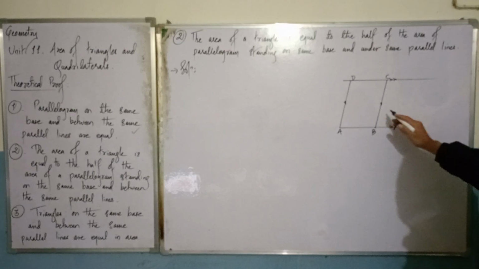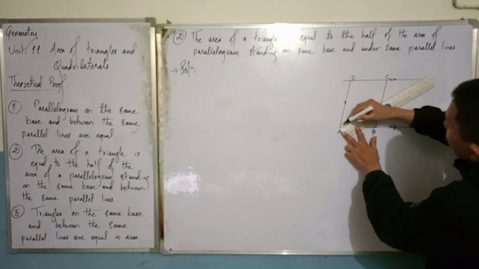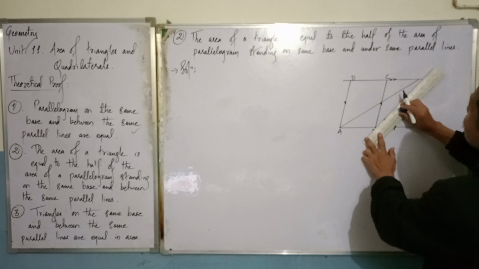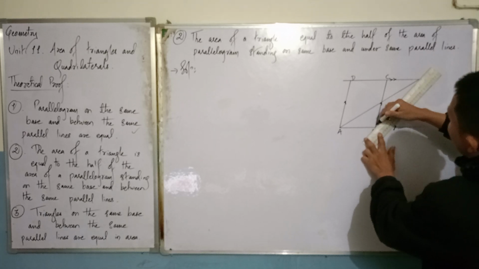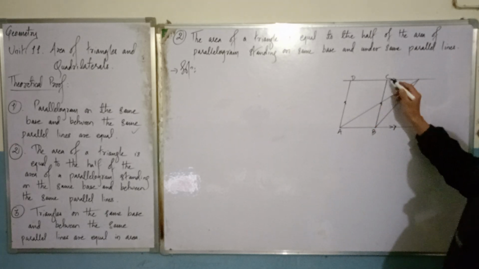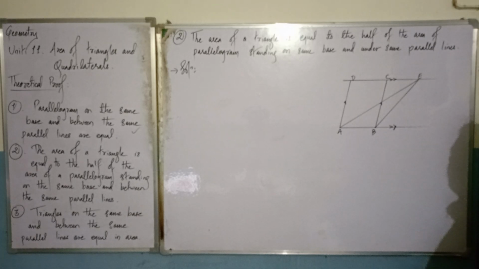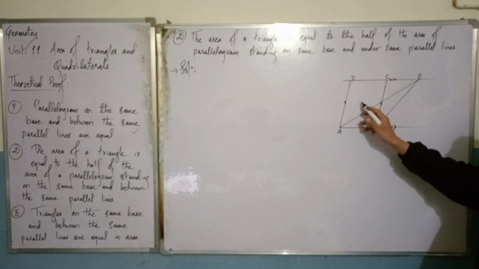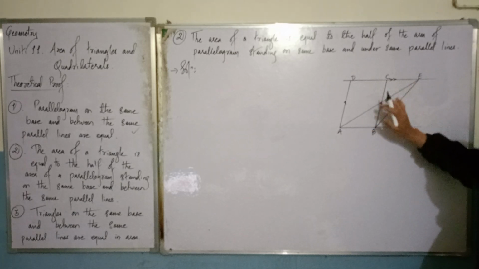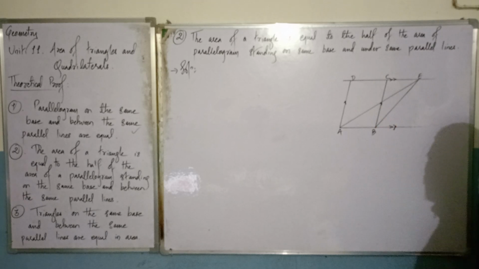Now ABCD is the parallelogram. On the same base AB, let's draw another triangle, not a parallelogram, another triangle. Let's say this is E. Now you can see this parallelogram ABCD and this triangle ABE are both standing on the same base AB and under the same parallel lines DE and AB.